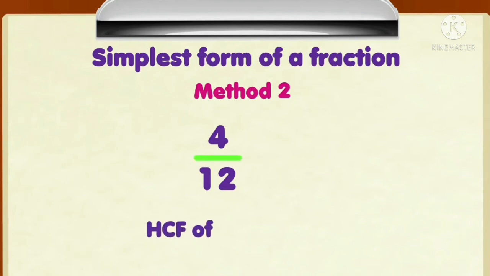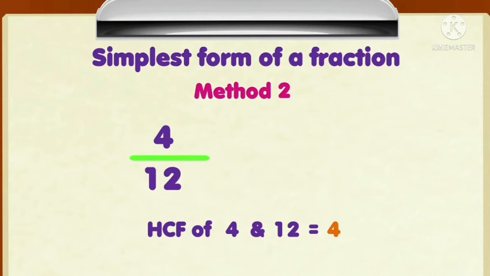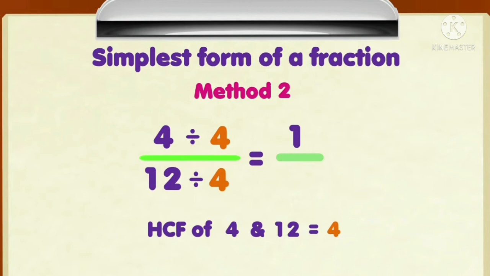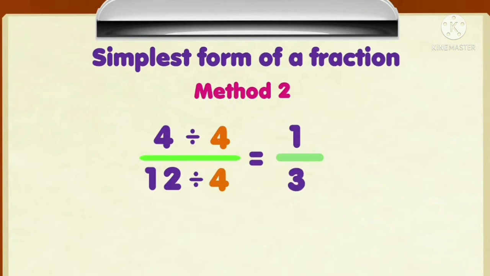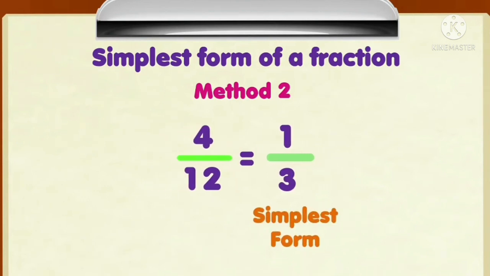Here, the HCF of 4 and 12 is 4. So, we divide the numerator and the denominator of the fraction by 4. 4 divided by 4 is equal to 1. And 12 divided by 4 is equal to 3. Hence, we get 1 upon 3. Thus, 1 upon 3 is the simplest form of 4 upon 12.